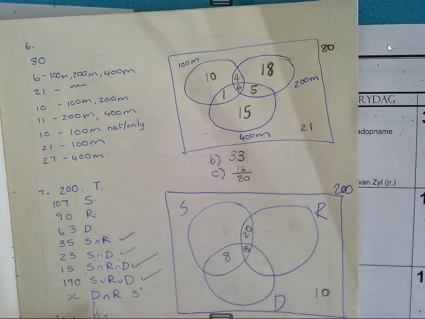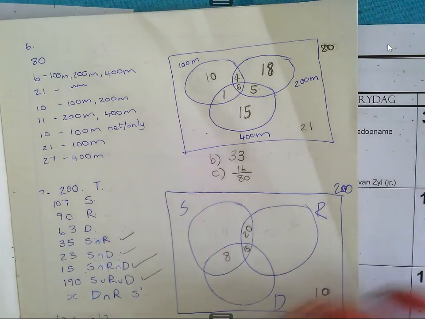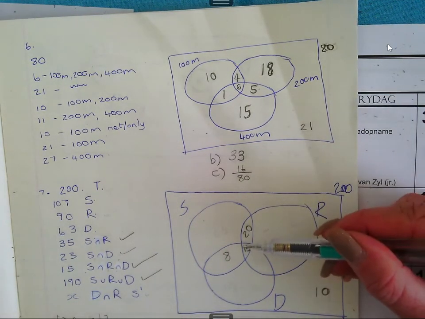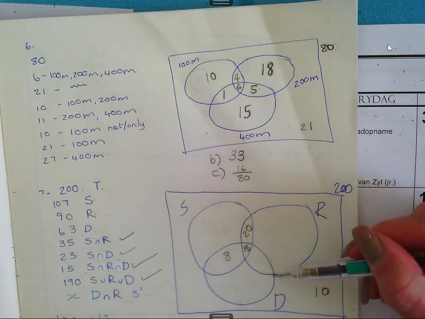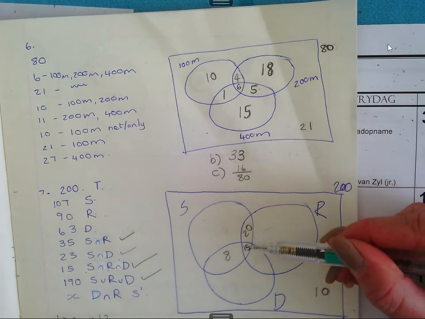Then I've got something here. The X is for debt and retirement, but not shares. Now let's just specify where this is. It's somewhere with debt and retirement. If that only said it's for debt and retirement, you would have to say X minus 50. Do you understand that?